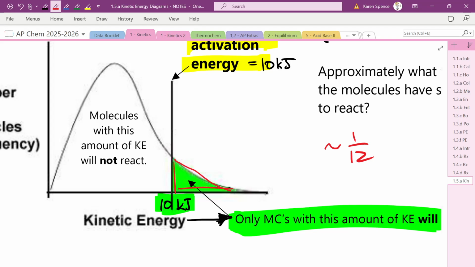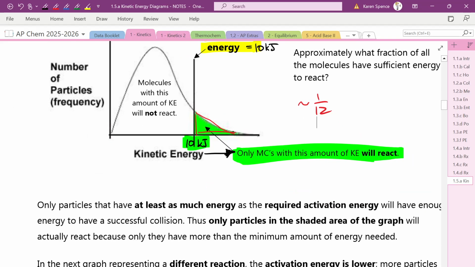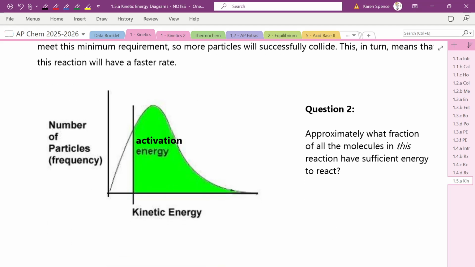What would happen if the activation energy were lower? Let's take a look at a different reaction with a different activation energy. That one has a lower activation energy. What fraction of particles will have enough energy to react?